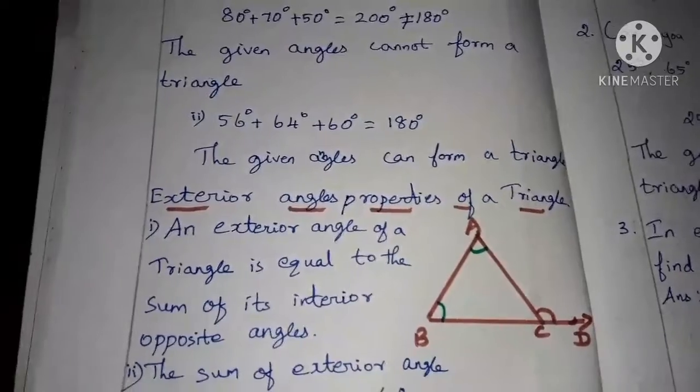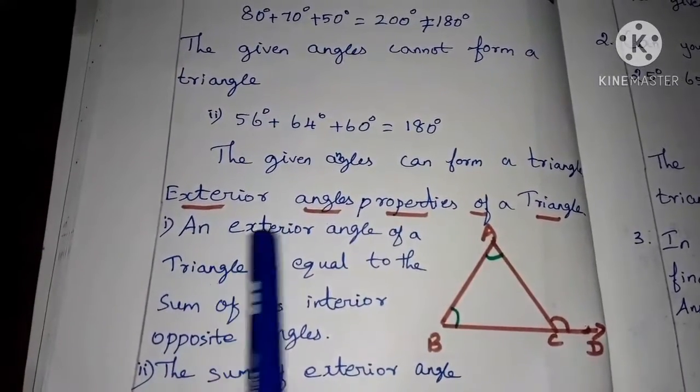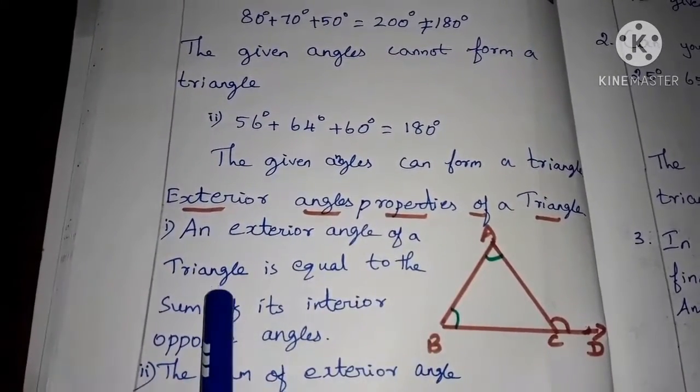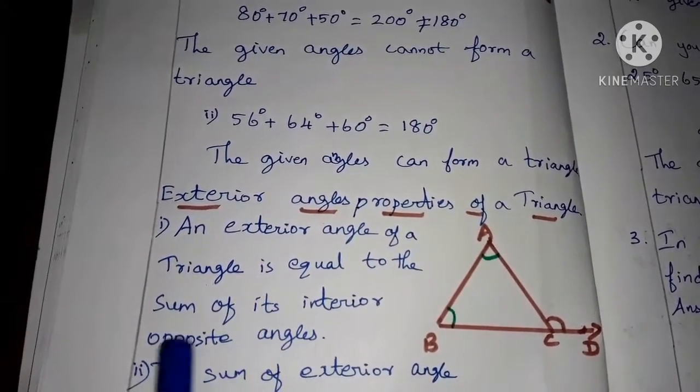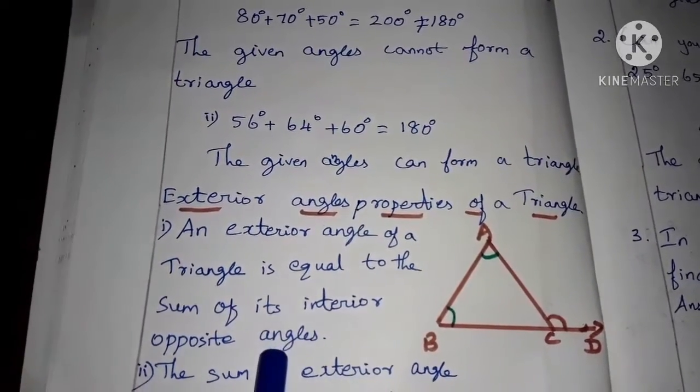So what are the properties? The first one is that an exterior angle of a triangle is equal to the sum of its interior opposite angles.